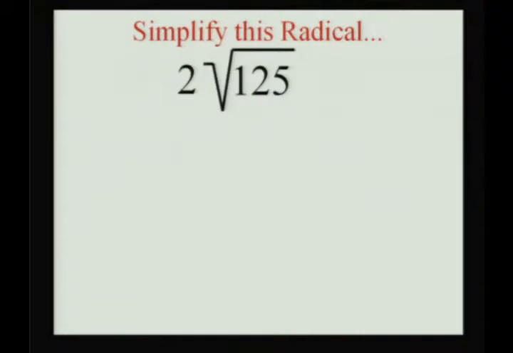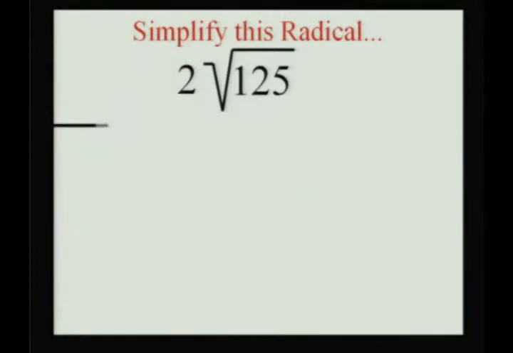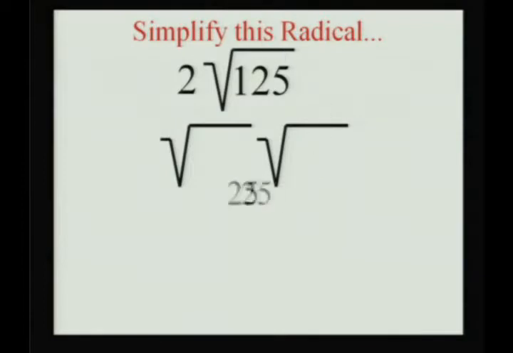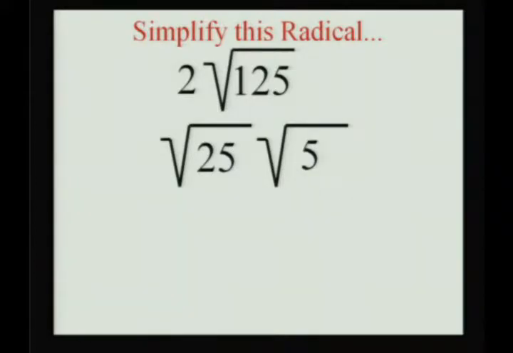Now, let's look at the one we just did. There's a 2 in front now. We're still going to break our radical 125 into good and evil, but we're not going to forget our buddy 2. The perfect square that goes into 125 is actually 25. That leaves a leftover of 5.